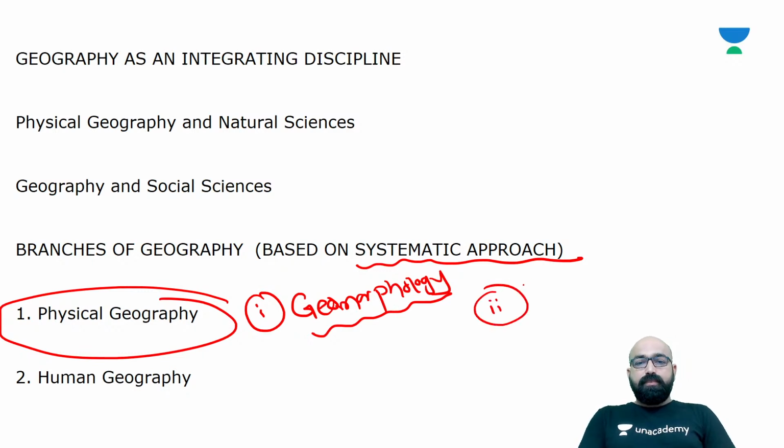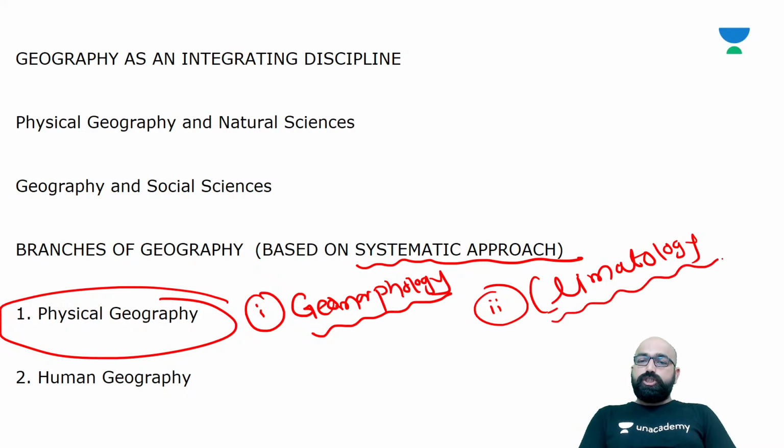Then climatology. So climatology encompasses the study of structure of atmosphere and elements of weather and climates and climatic types and regions.